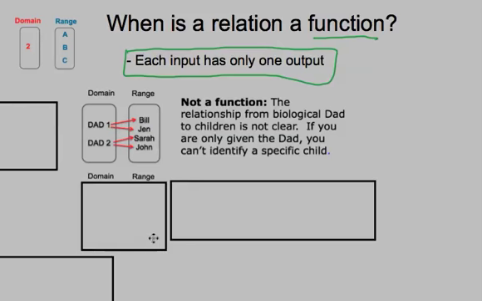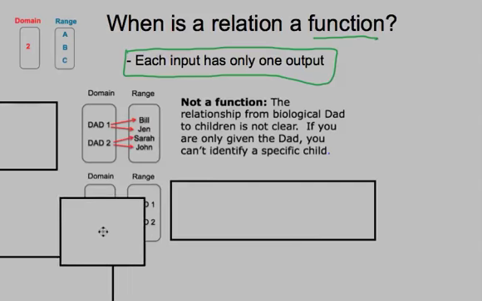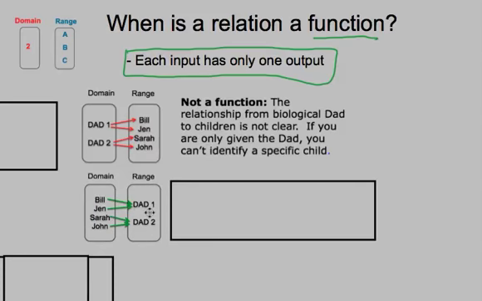There's 2 possible children. But sometimes if we switch the domains and ranges, if I make my input value the child and my output the parent, now if I said Bill's dad is the greatest dad in the world, well, if I start at Bill, whose dad do I come out with? Where do I come out at? There's only one dad that I can come out at.